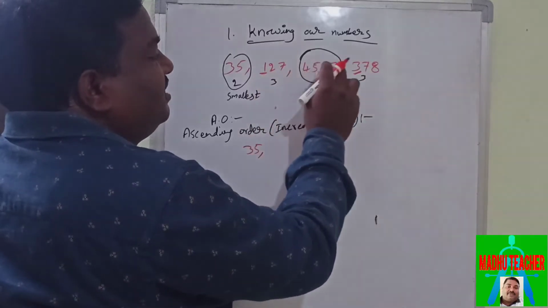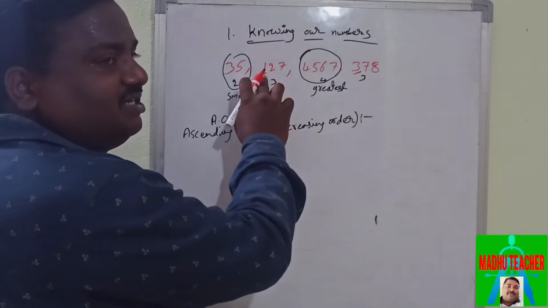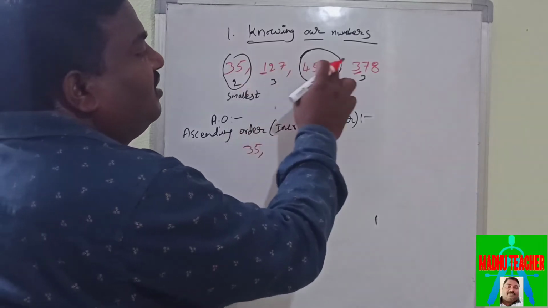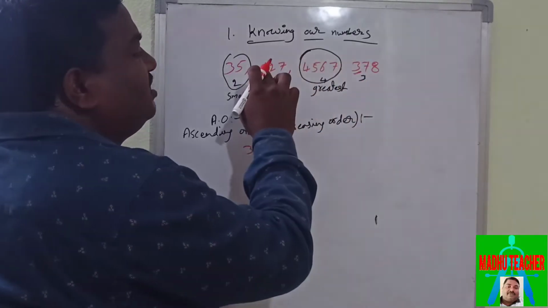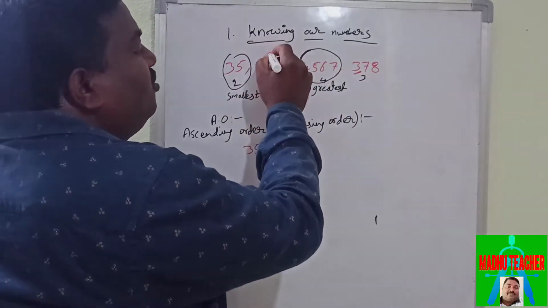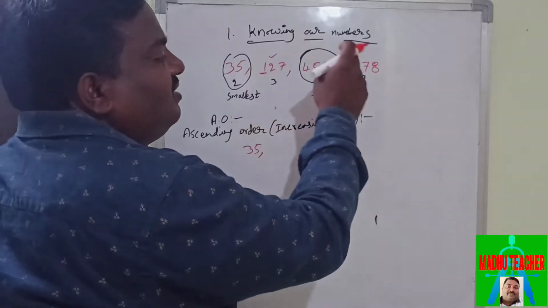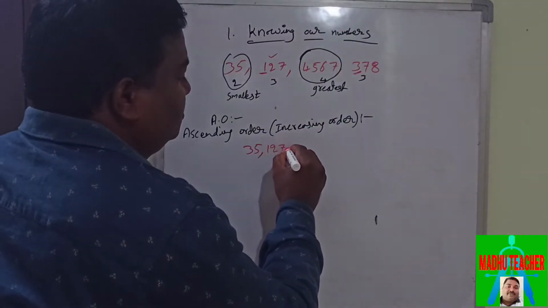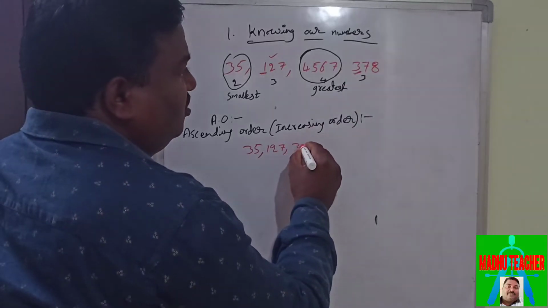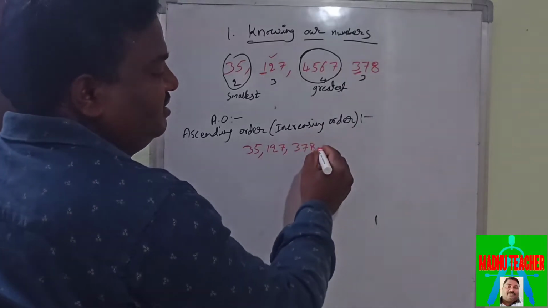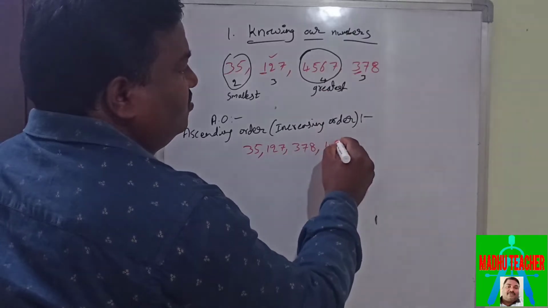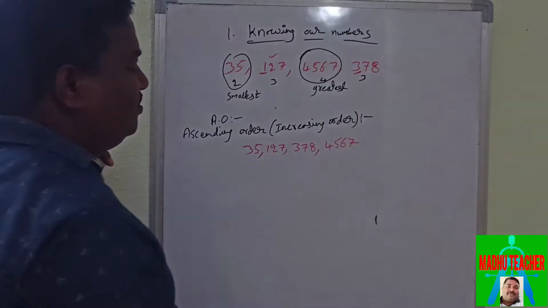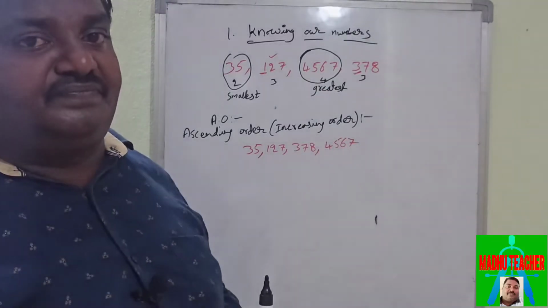Here the third digit is 3, here the third digit is 1. So 127 is smaller than 378. So the next smaller number is 127. Next is 378 and 4567. This is ascending order.